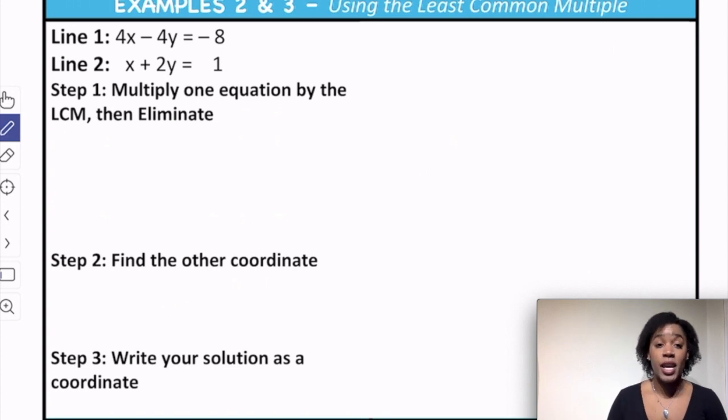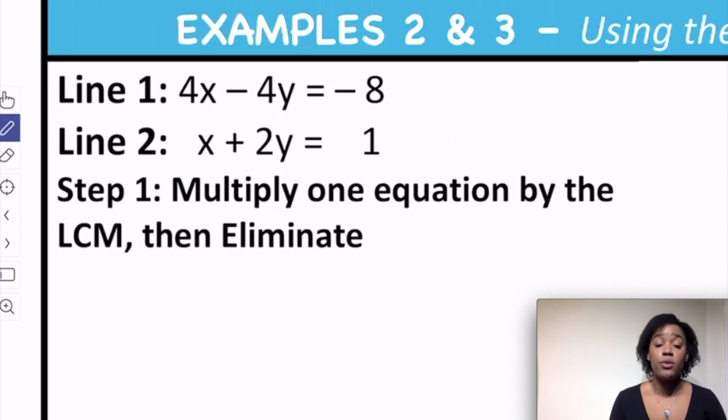We're going to take one of our equations and multiply it by the least common multiple in order to eliminate a variable. For the 2 lines in the system, I've decided I want to eliminate y, so that I can solve for x and then go back and solve for y later.